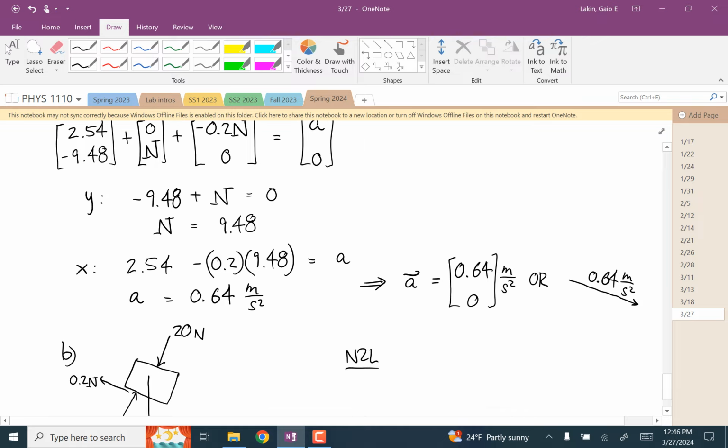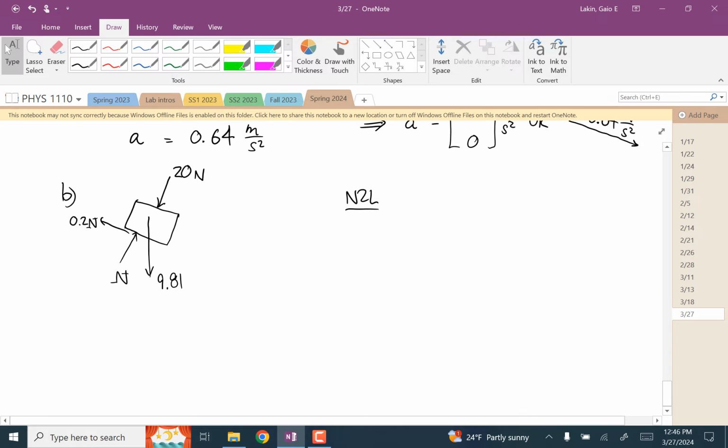So we have 2.54, negative 9.48, that's the weight force. Plus 0, N, plus negative 0.2N, 0.